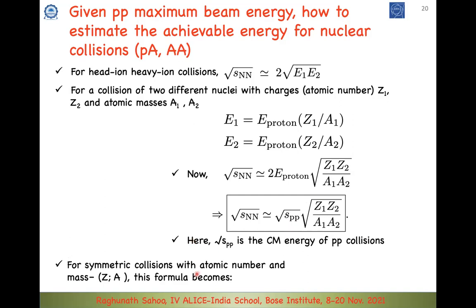For symmetric collisions with atomic number and mass Z and A, if I have a gold-on-gold collision or lead-on-lead collision, Z and A are both the same, so the root can be taken out.